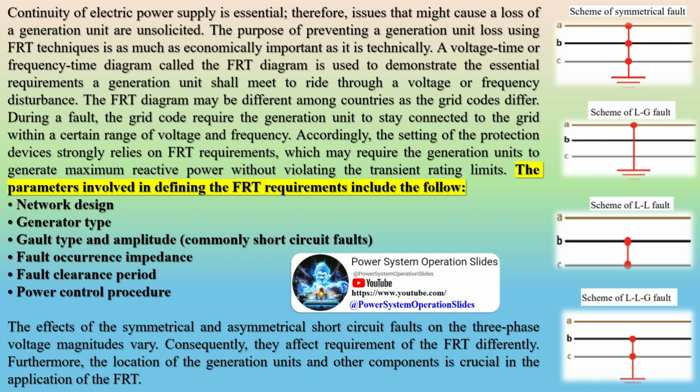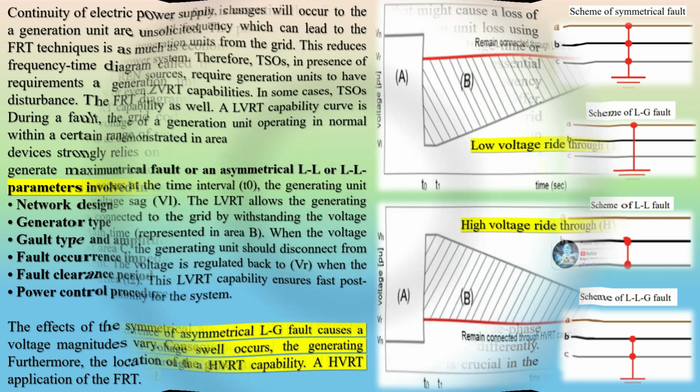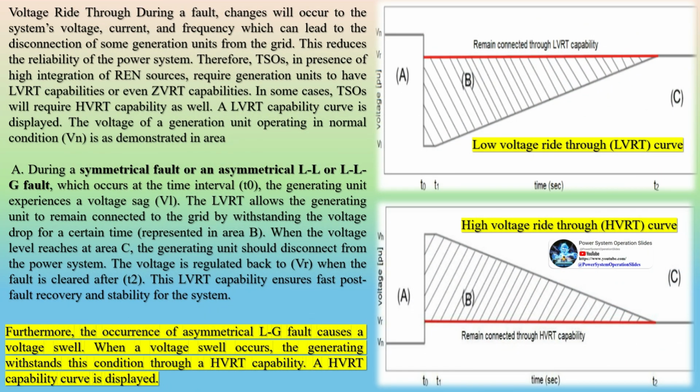The effects of symmetrical and asymmetrical short-circuit faults on the three-phase voltage magnitudes vary. Consequently, they affect the requirement of the FRT differently. Furthermore, the location of the generation units and other components is crucial in the application of the FRT. Voltage ride-through: during a fault, changes will occur to the system's voltage, current, and frequency, which can lead to the disconnection of some generation units from the grid.